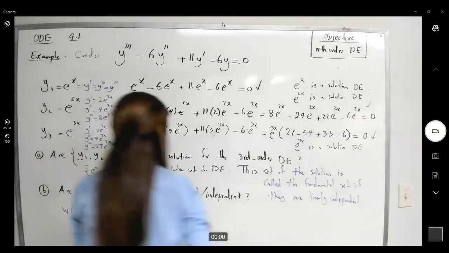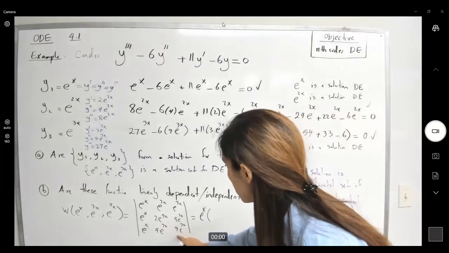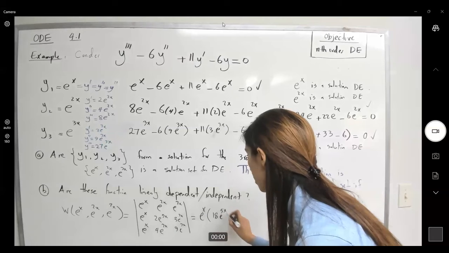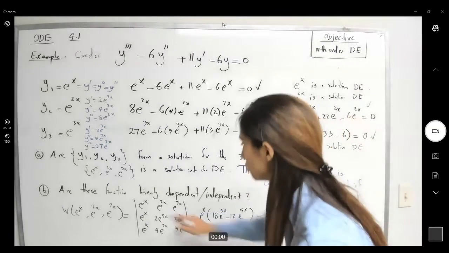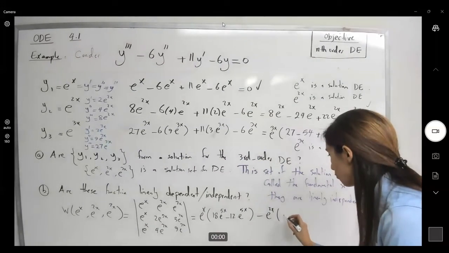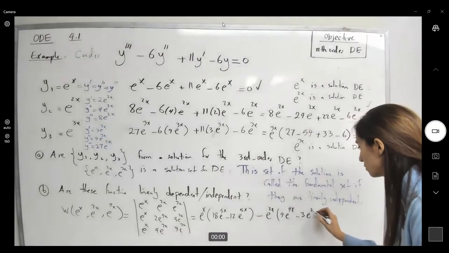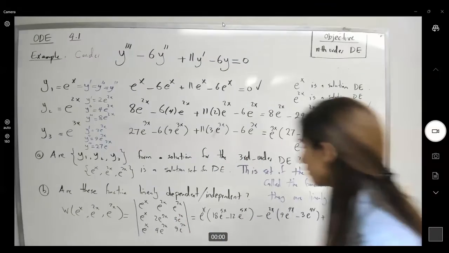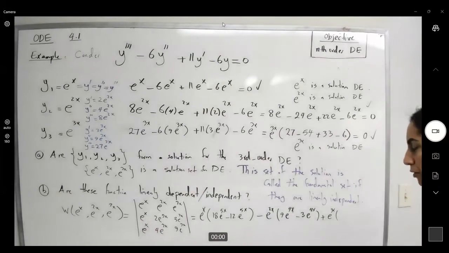So we get e to the x times, here the multiplication gives you 18 e to 5x minus 12 e to 5x, minus e to 2x times, here we have 9 e to 4x minus 3 e to 4x, plus, finally, e to 3x times 4 e to 3x minus 2e to 3x.